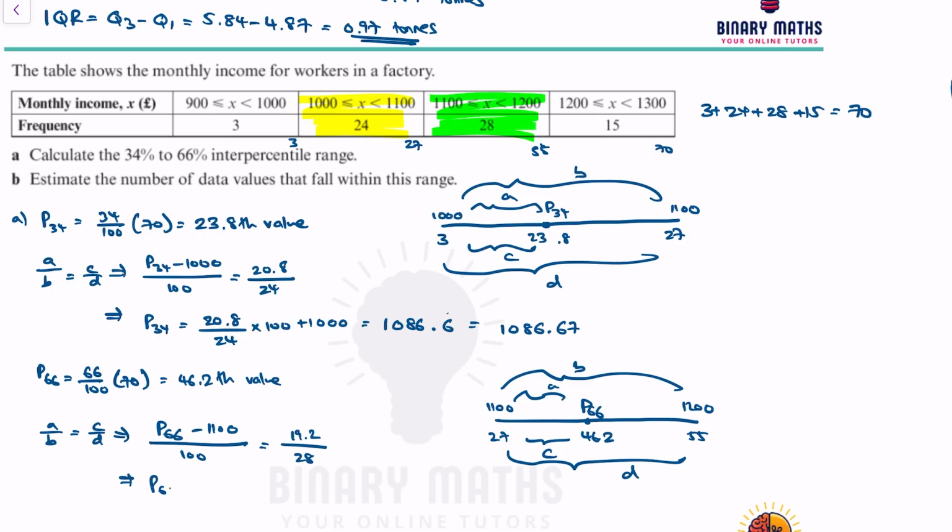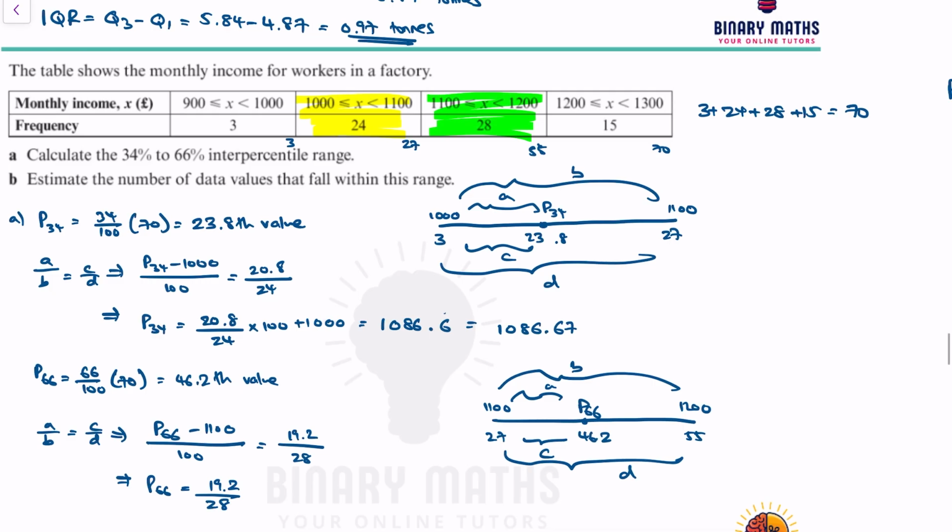Which implies P66 is 19.2 over 28 times 100 plus 1,100, which gives me a value of 1168.571429 and so on.